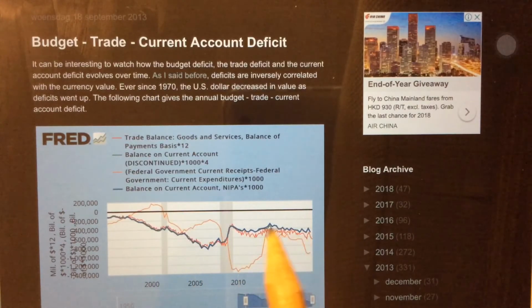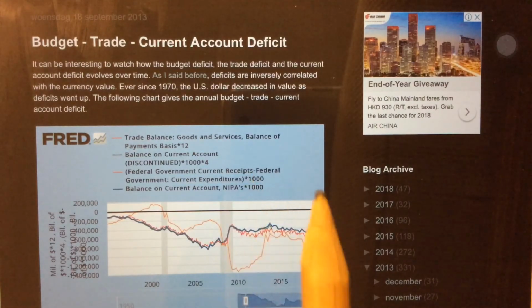So whenever the trade deficit goes up, which means this chart goes down, then the gold price will be doing well, because that's bad for the US dollar.